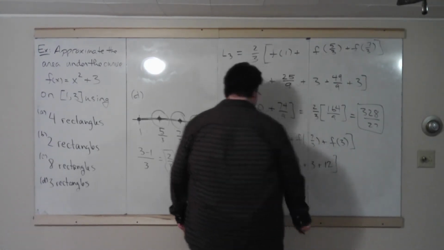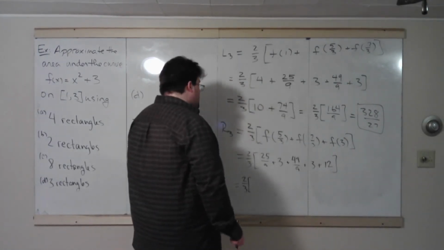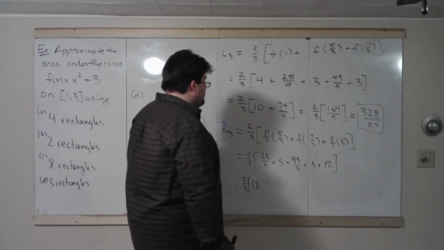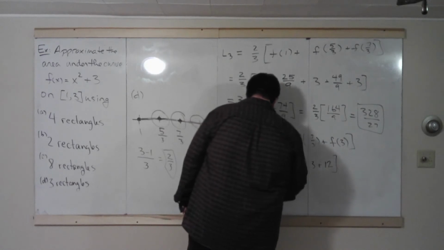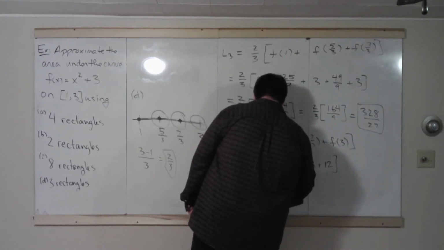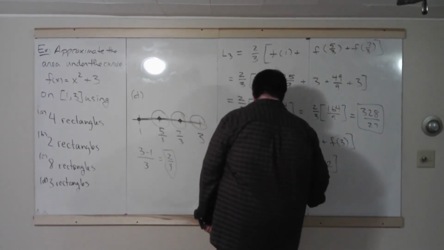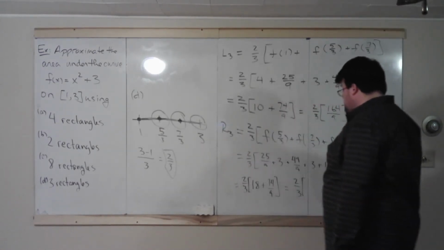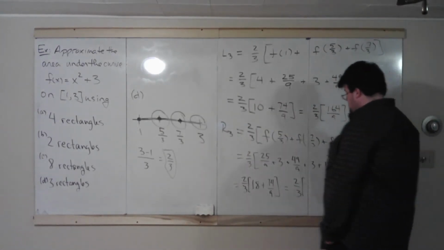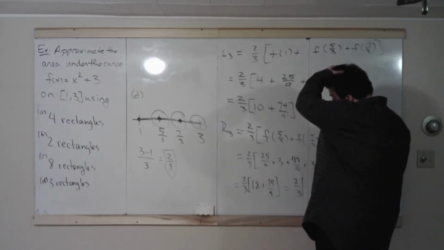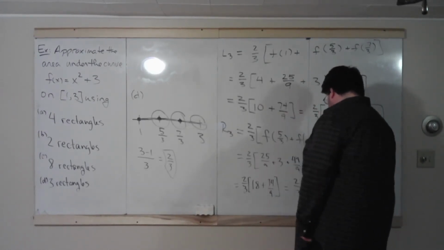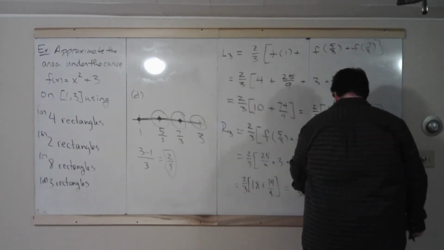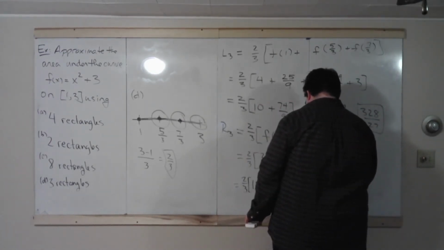So we have 2/3. 12 plus 3 plus 3 is 18. 25 and 49 again make 74, over 9. So what does this equal? It equals 2/3 times what? 18 is what, 162, I guess.